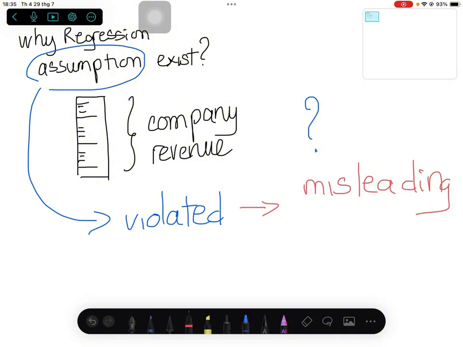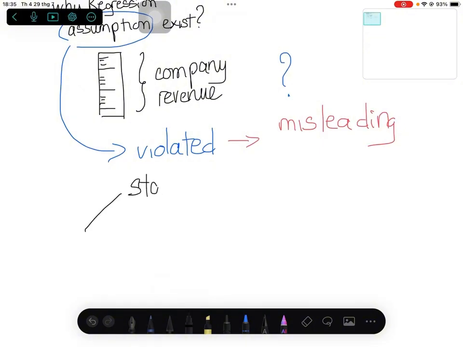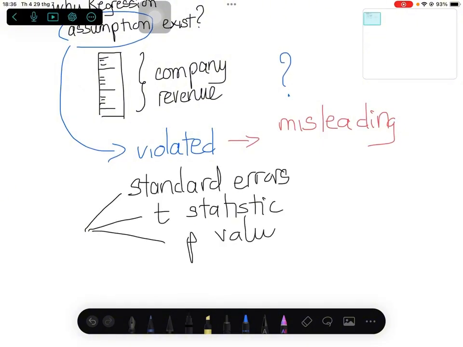Can we reject the null hypothesis? Should we include this factor in our valuation model? These decisions depend heavily on standard errors, t-statistics, and p-values. So the real purpose of checking regression assumptions is to make sure our statistical conclusions are reliable, not just our coefficient estimates.